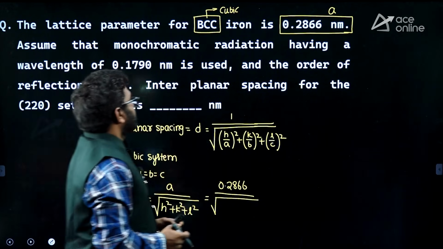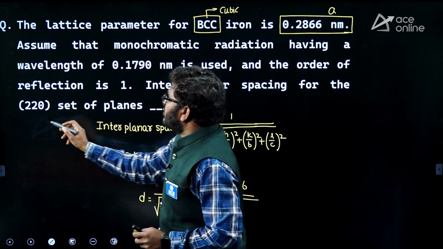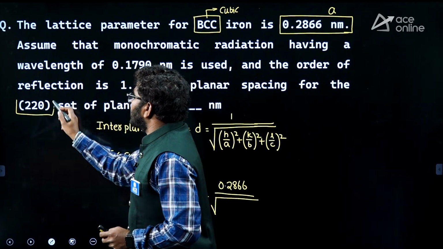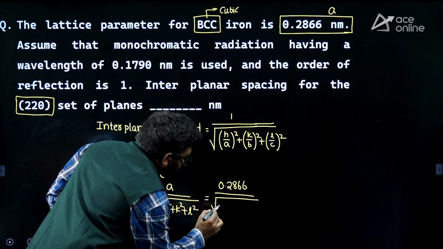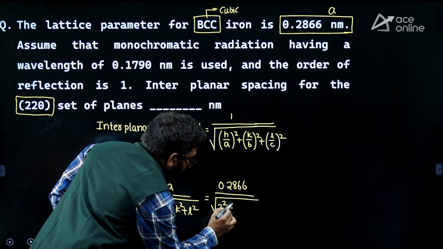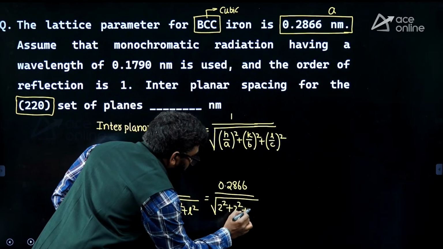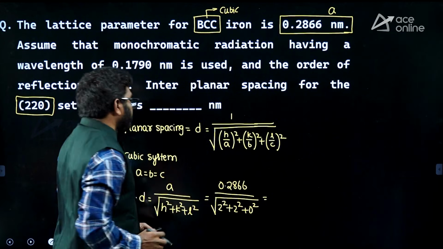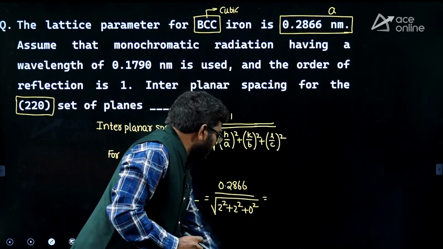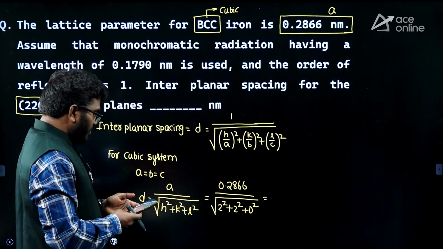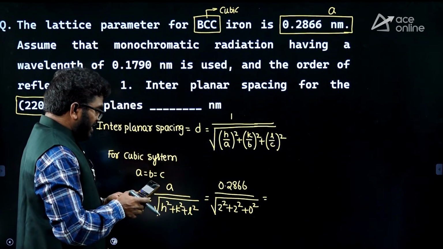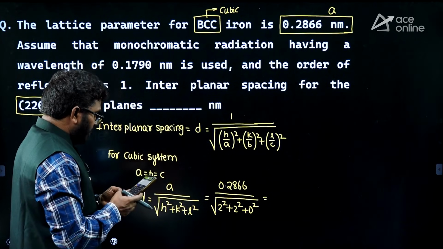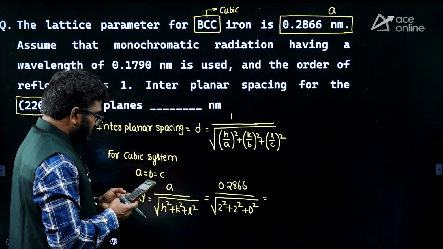See, remember they are given set of planes of 2 2 0. HKL is given 2 2 0. So here H is 2, so 2 square plus 2 square plus 0 square. I am using the calculator here. Now under root 4 plus 4 is 8, under root 8.